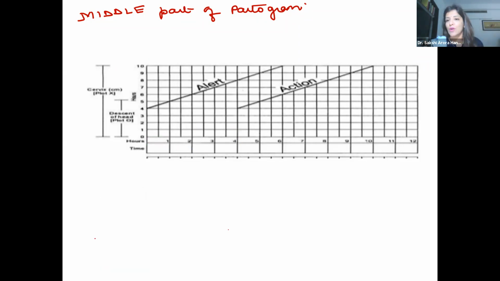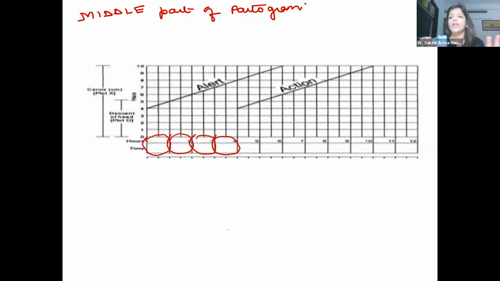The other thing which you have to remember is that each big square on partogram is representing 1 hour. The small squares are representing 30 minutes, right? Now, third thing which you have to see over here is that whenever a patient comes to you in a modified WHO partogram, there is no latent phase.